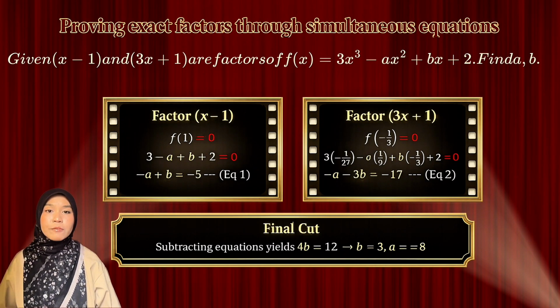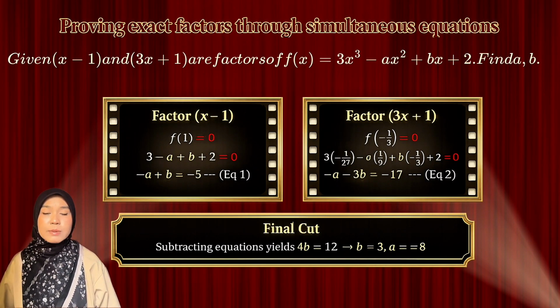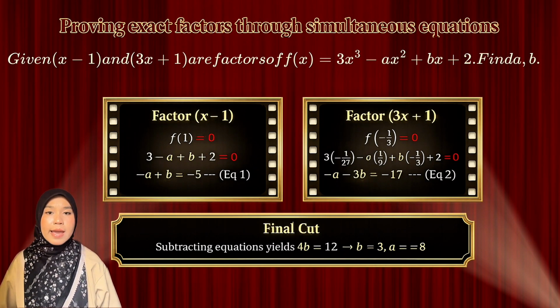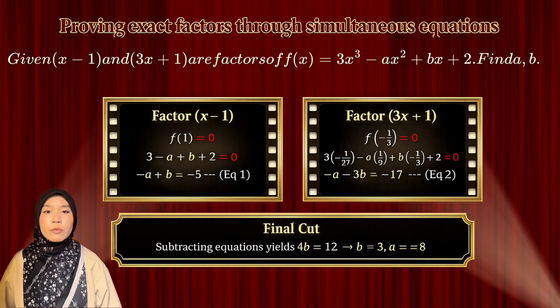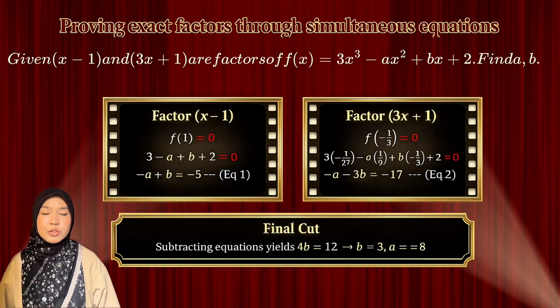Another factor is 3x plus 1, so x equals negative 1 over 3. We substitute x equals negative 1 over 3 and get another equation. Finally, we solve equation 1 and equation 2 together, and the answer we get is a equals 8 and b equals 3.